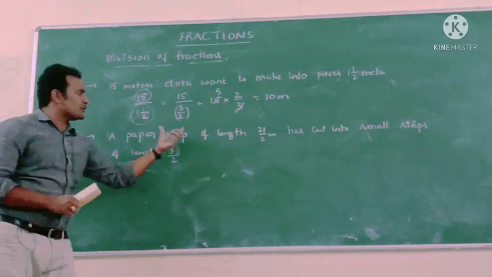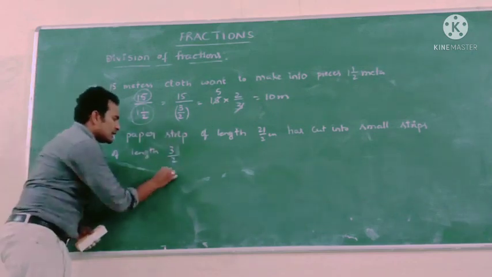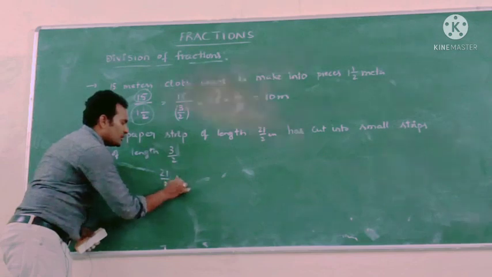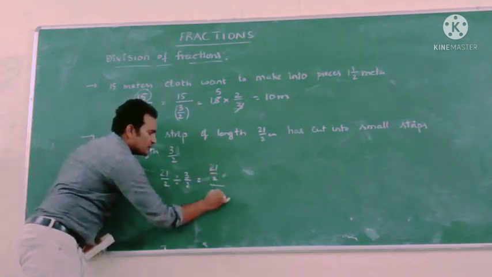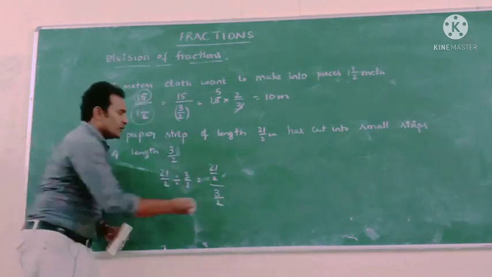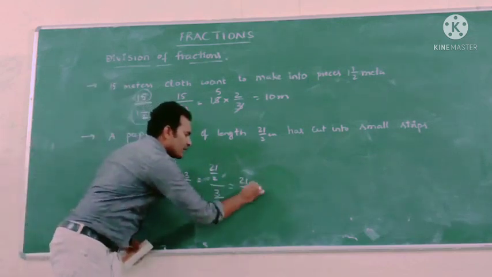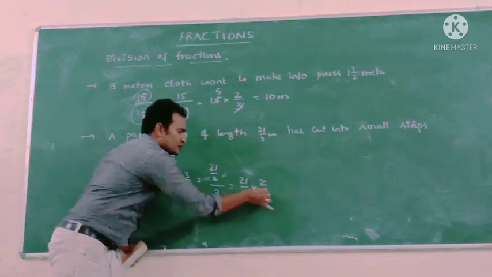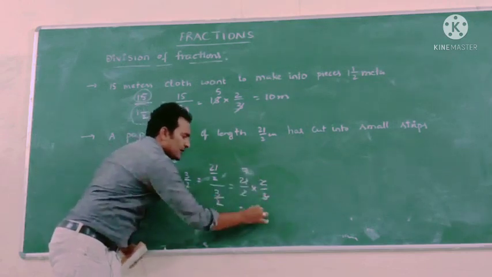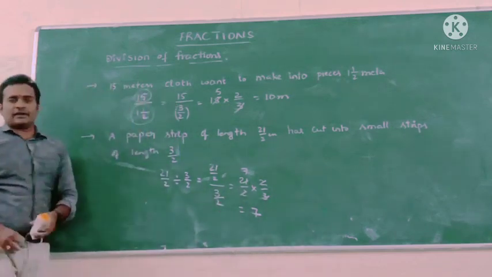How many 3 by 2s are there in 21 by 2? It is simple: 21 by 2 divided by 3 by 2 means 21 by 2 into 2 by 3, the reciprocal. The 2s get cancelled, 3 into 21 is 7 times, so its value is 7.